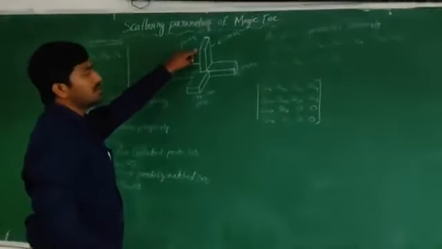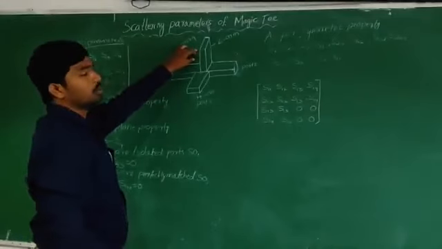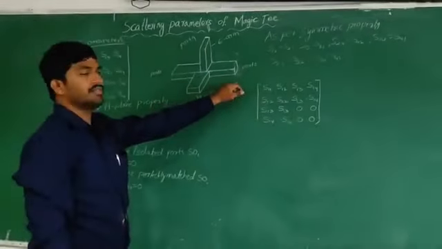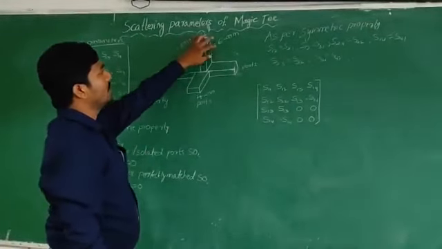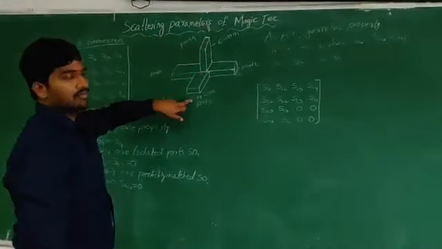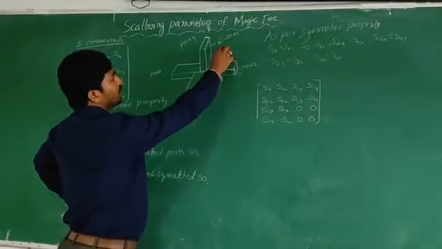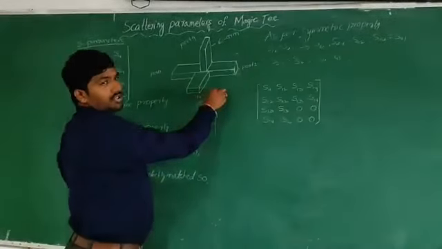If the microwave source is given from port 4, the power will be divided between port 1 and port 2 with 180 degree phase shift. This is called the E arm, this is called the H arm. Port 1 and port 2 are collinear ports and port 3 and port 4 are isolated ports.